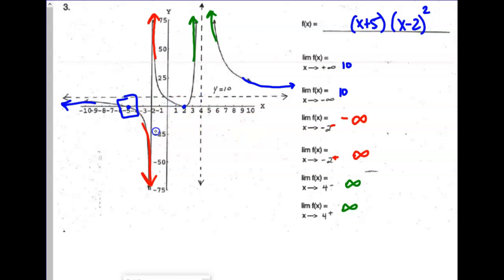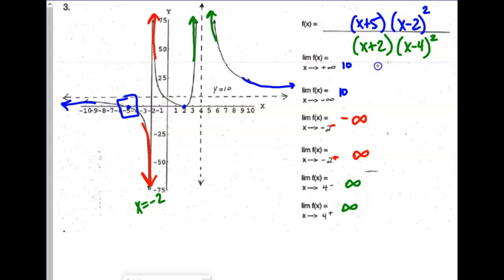Now let's talk about our vertical asymptotes. I know we have one at x equals negative 2, and it's the opposite one. So we're going to write x plus 2 in the denominator, showing up just once. But what about the vertical asymptote at 4? It's got to have multiplicity because they're both going up to infinity, so squared. So right now, I'm seeing an equal weight rational. You guys follow me?